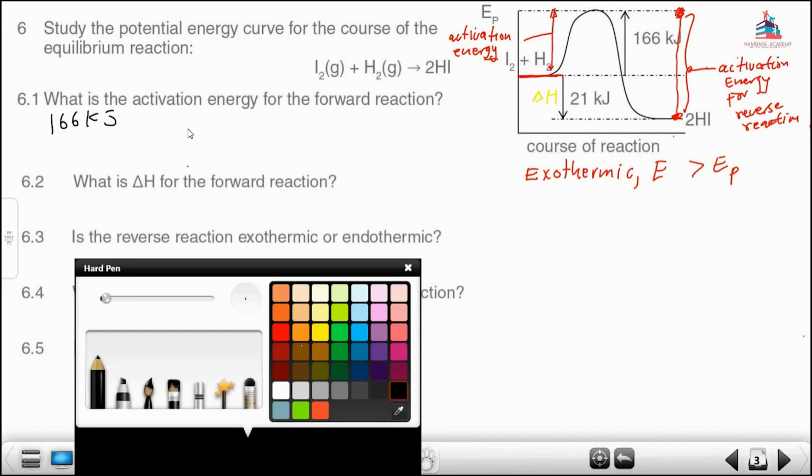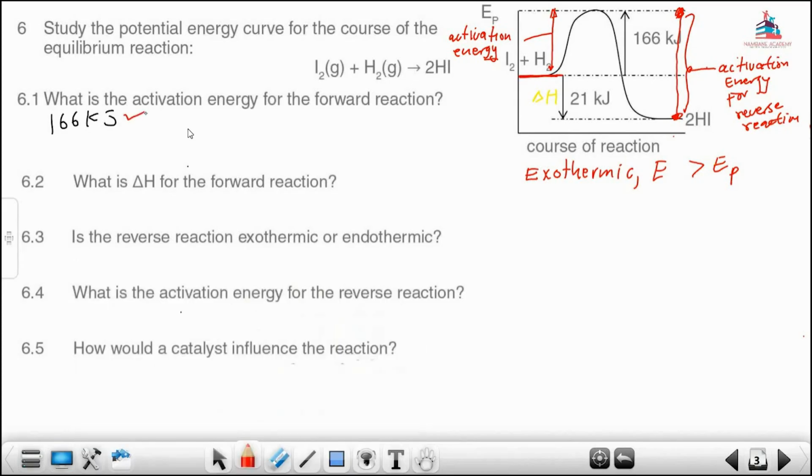Then you get your nice 1 mark for that. By just interrogating the graph, we are in a position of trying to get the correct answers.